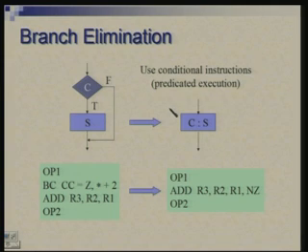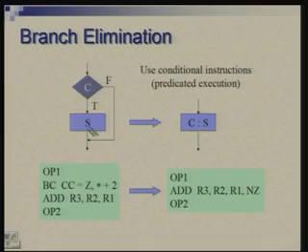Some processors have this feature that with almost every instruction you can attach a condition. You would have some field which will indicate that this instruction needs to be done only under a certain condition. So, essentially you have fused these two: you attach the condition with the instruction itself, and if the condition is true, the instruction gets done, otherwise it is like a no op.